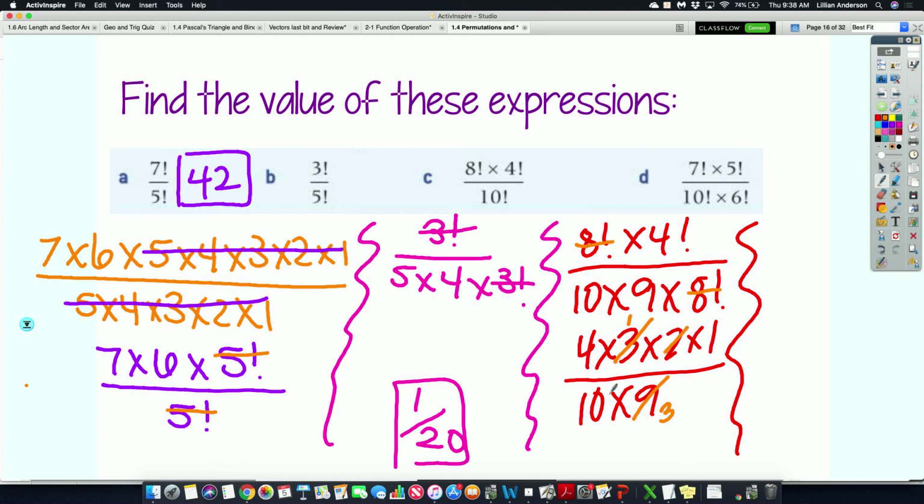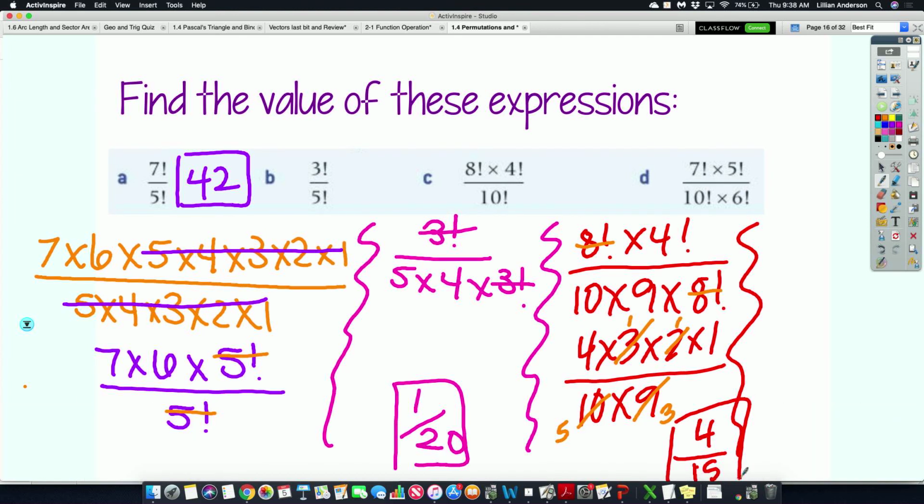The 2 and the 10. How many times does 2 go into 10? 5. And if you reduce before you multiply, you won't have to reduce at the end. So now at the top, you really have 4 times 1 times 1 times 1, which is 4, all over 5 times 3, so you have 4 over 15.